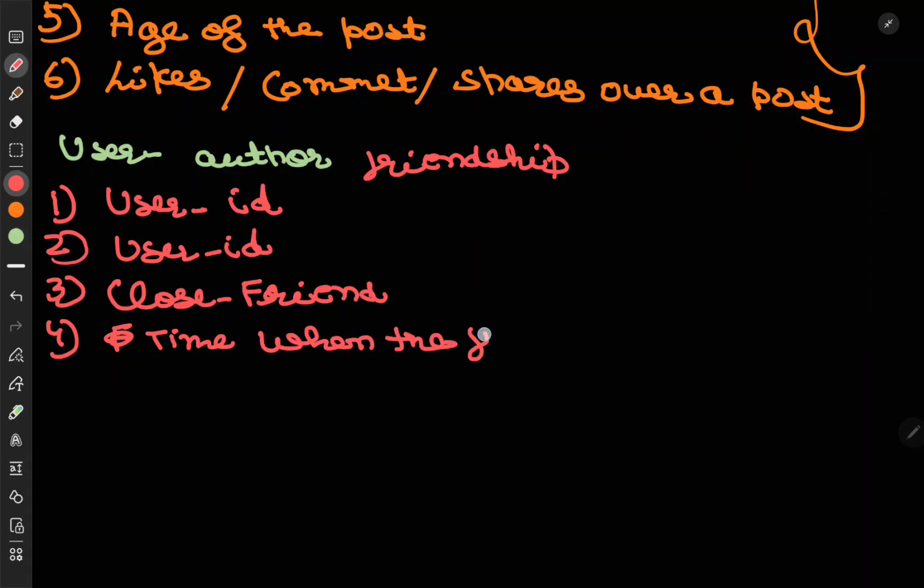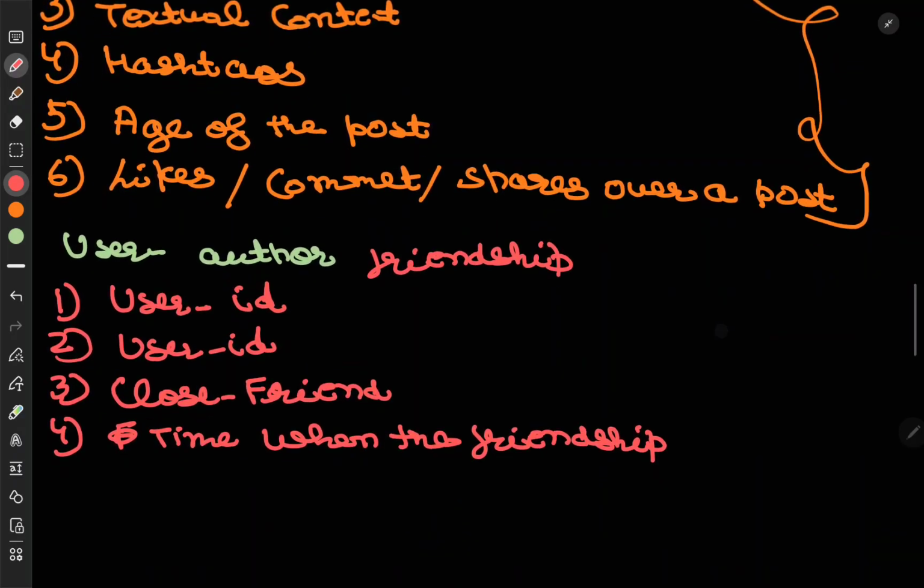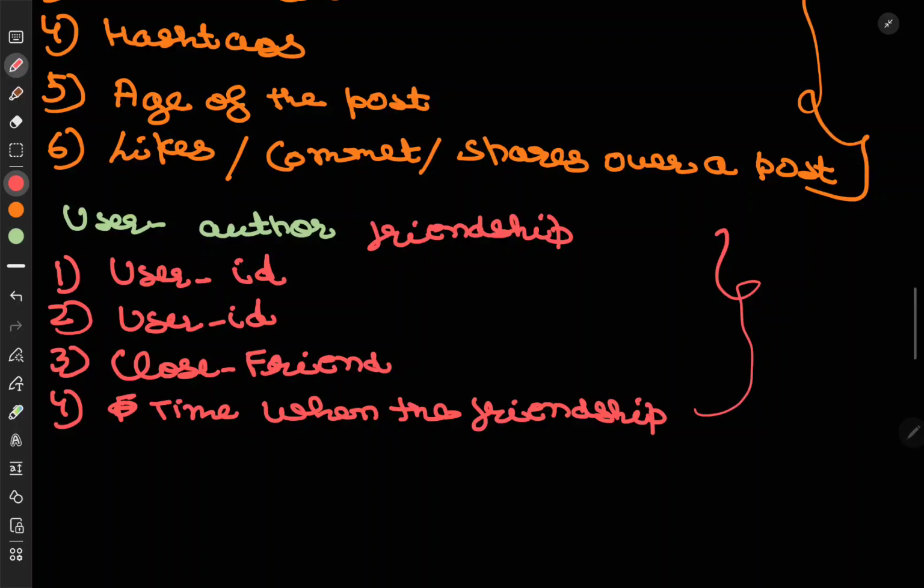Now why is this important? Because if you have a friend from the past 10 years, and he posts, you are generally going to like or comment on his post. So we need to show these posts at the top, right? This is what we have right now in our data.